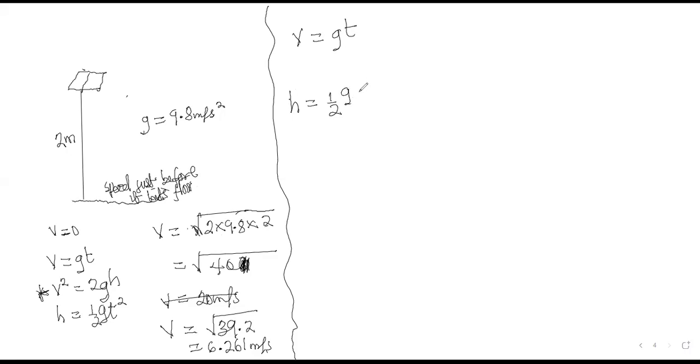Half gt squared, h is equal to 2, g is 9.8. So we have t squared equal to 4 divided by 9.8.